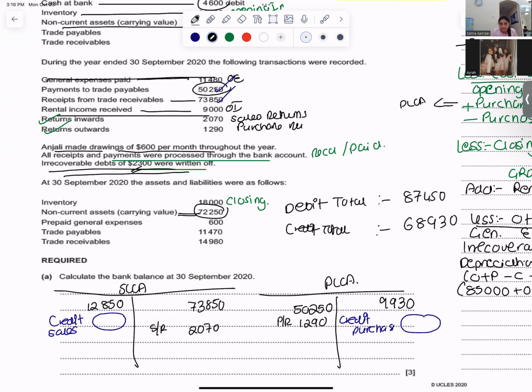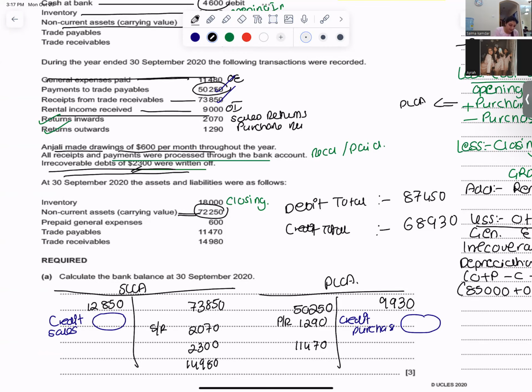Bad debts 2,300 will come on the credit side, and closing balance of trade receivable on the credit side 14,980. Closing balance of trade payables, 11,470 on the debit side.